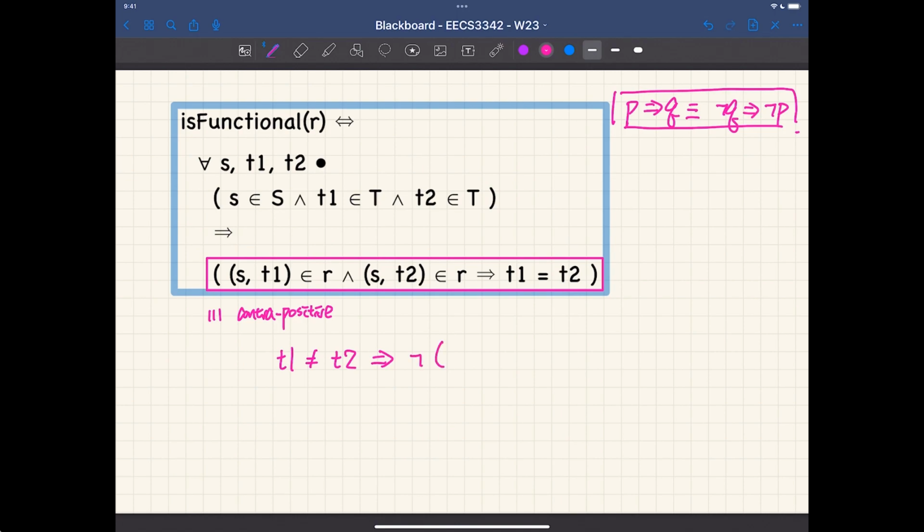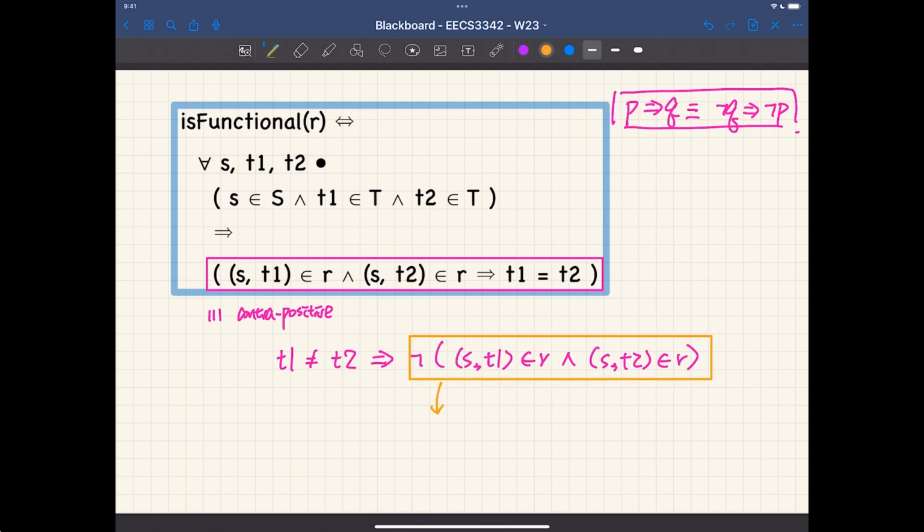Not the case: ST1 in R and ST2 in R. Just for this part, if we apply De Morgan, ST1 not in R, or ST2 not in R.